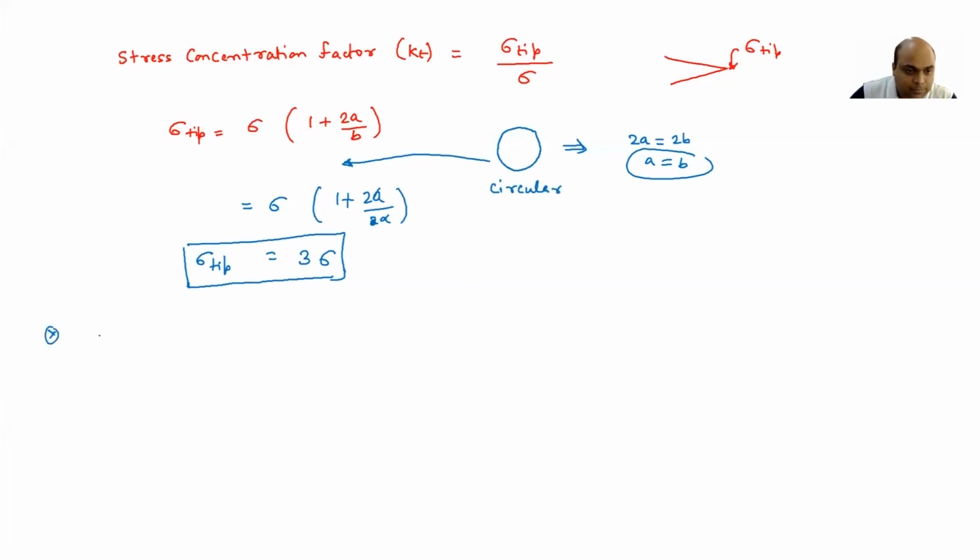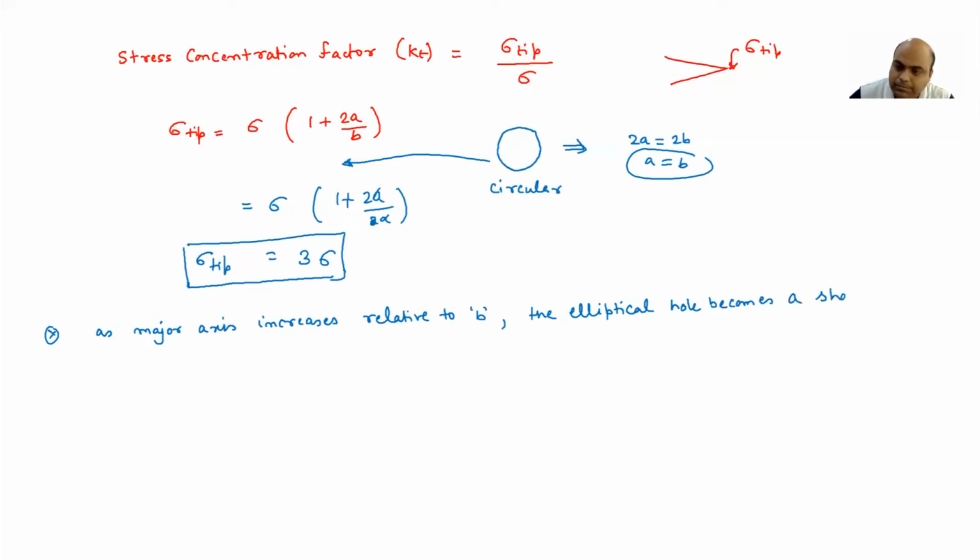So as the major axis increases relative to b, the elliptical hole becomes a sharp crack.